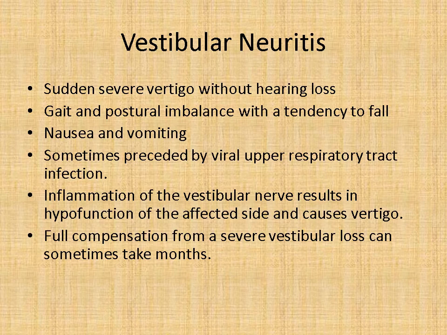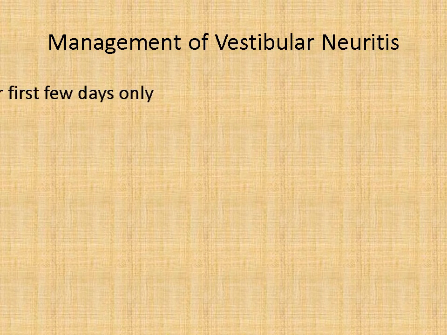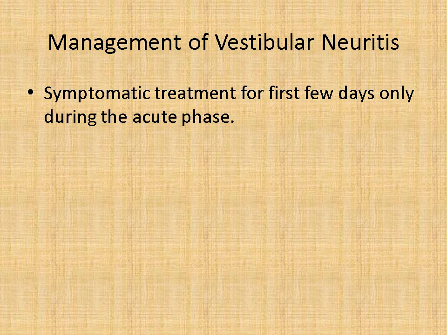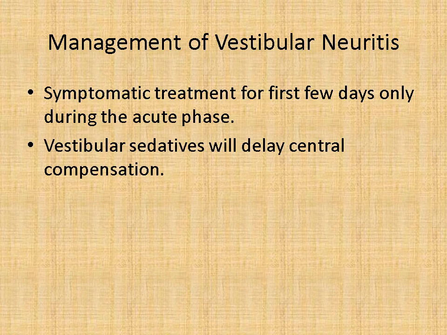Full compensation from a severe vestibular loss can take up to months, and it's not uncommon for the patient to present with attacks of BPPV after vestibular neuritis. How do you manage a case of vestibular neuritis? Symptomatic treatment during the acute phase, and please bear in mind that giving vestibular sedatives will delay central compensation.